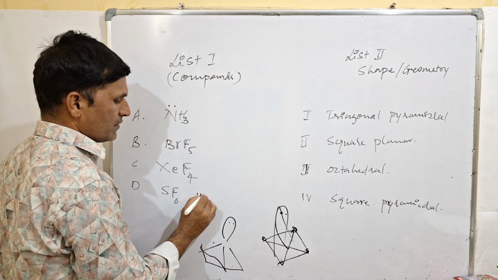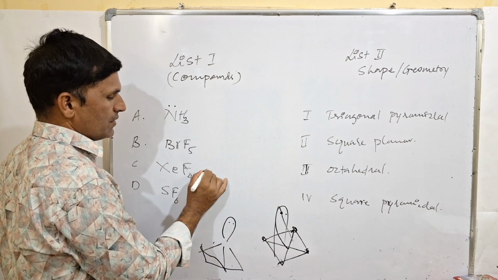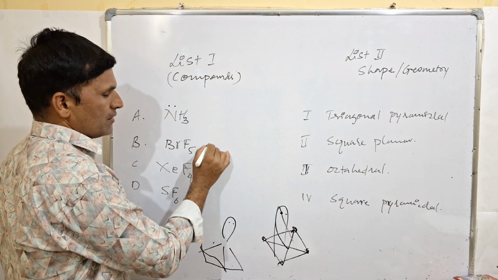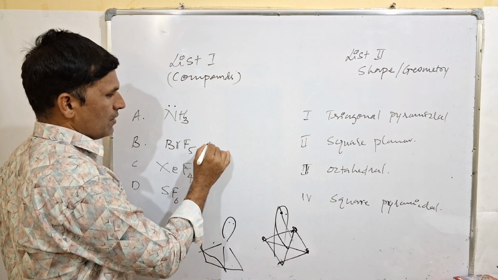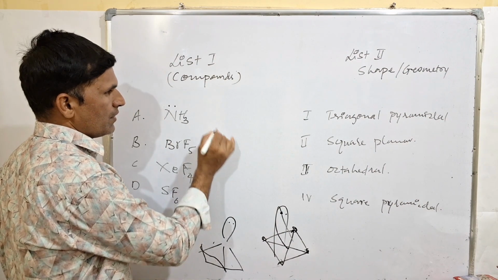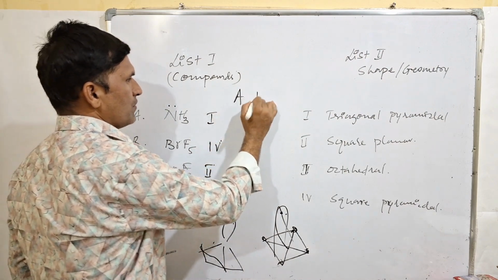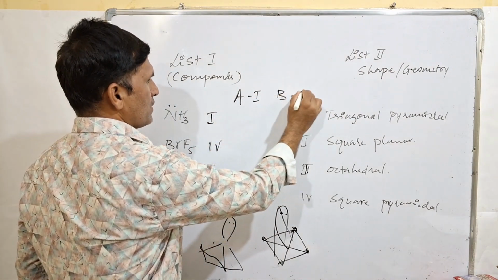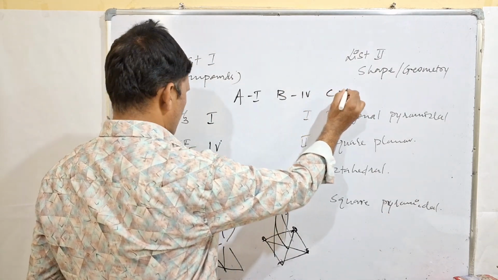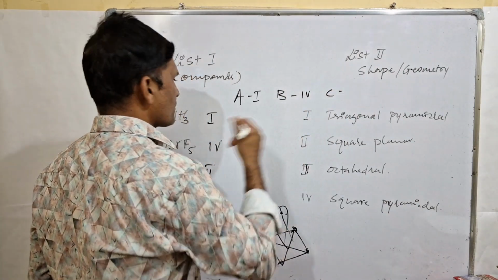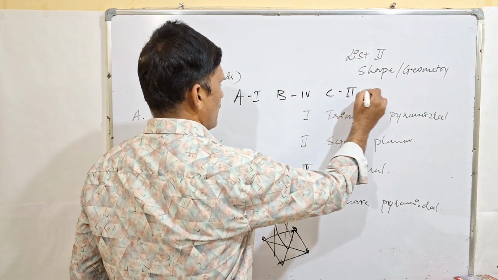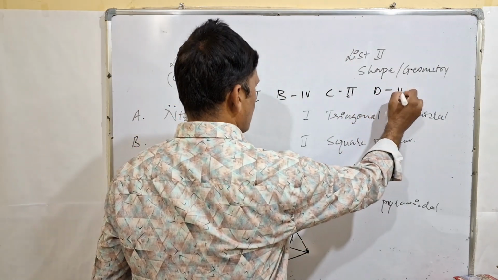So therefore, option 3, and this is 2, square pyramidal is 4 and 1. So A corresponds to 1, B corresponds to 4, C corresponds to 2, and D corresponds to 3.